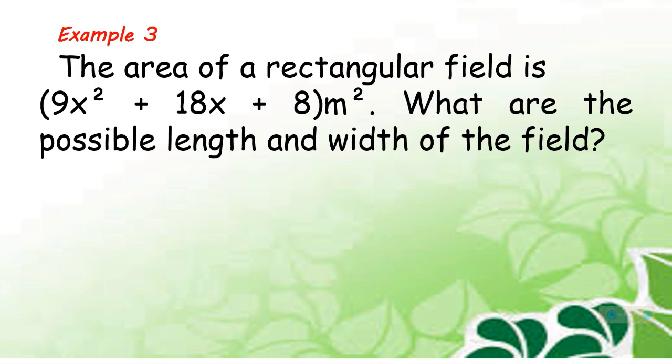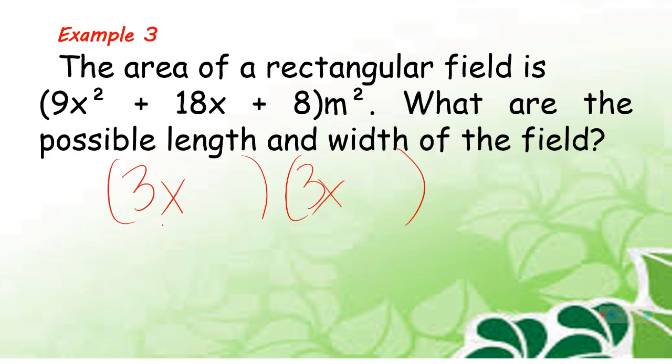Okay, so let us try 3x times 3x so that you can have the factors of the first term. And then the factors of 8, let us try 4 and 2. And since we have here positive, both your binomial factors will be positive.